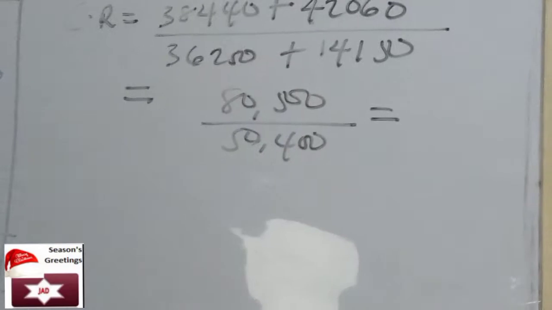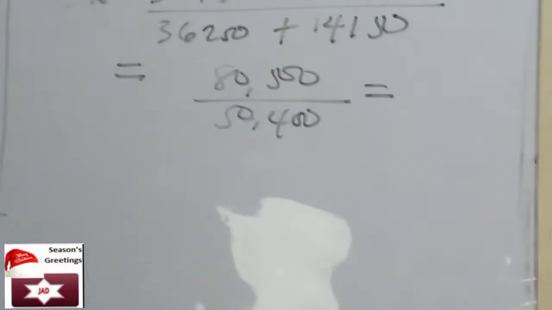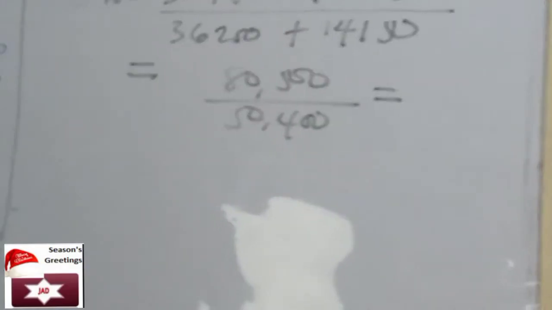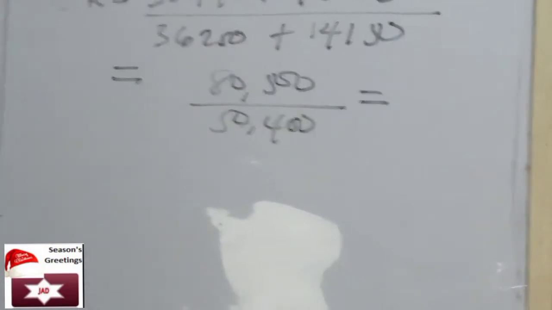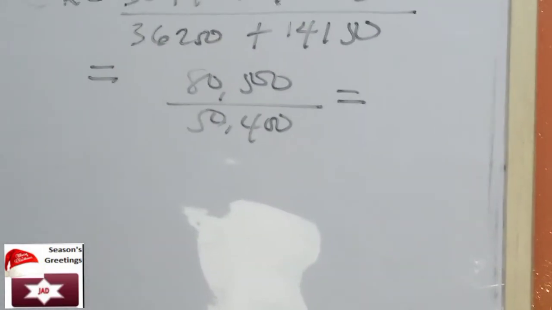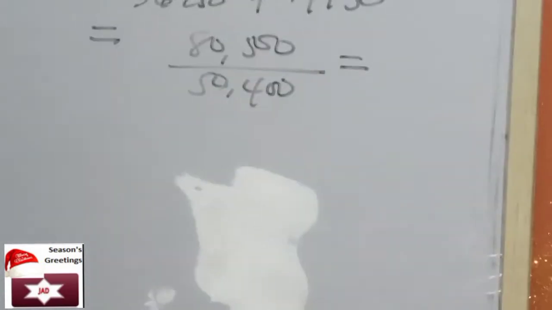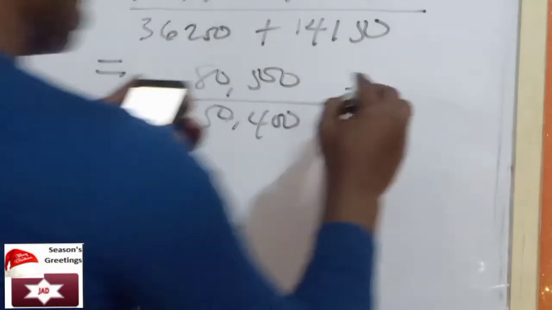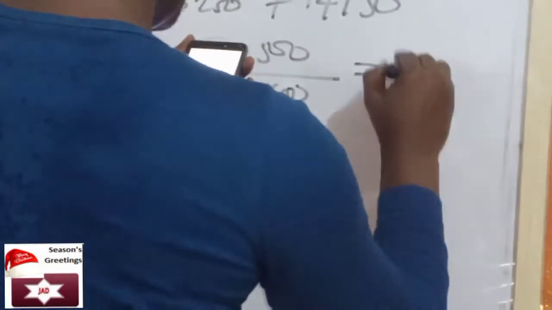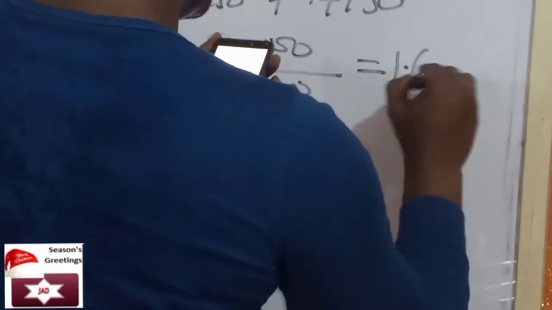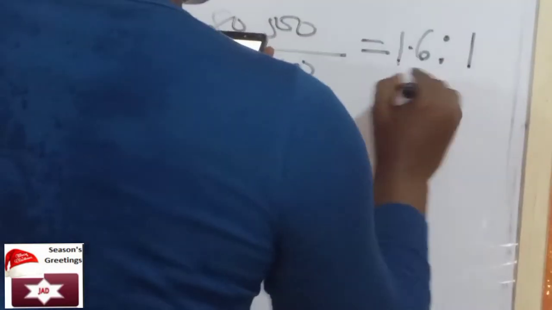5,400. So what do you have there? If you say 80,500 divided by 5,400, I see 1.6 to 1 ratio.